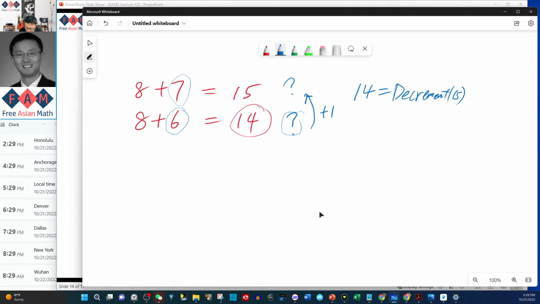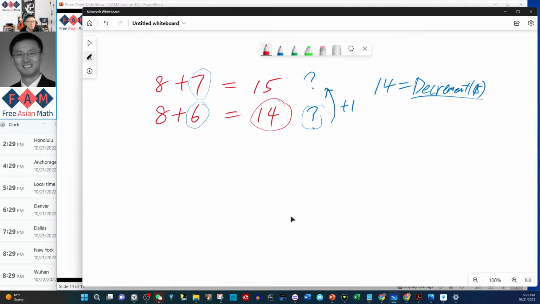If we move this a little bit further, 14 is the decrement of 15. So when 8 plus 7 equals 15, then 8 plus 6 must be 14 because the number being added is 1 less, so the result will be 1 less. That's easily understandable from the very definition of what addition is all about.